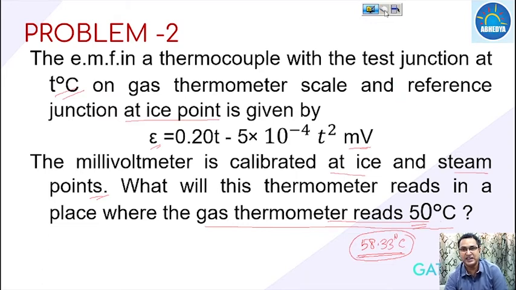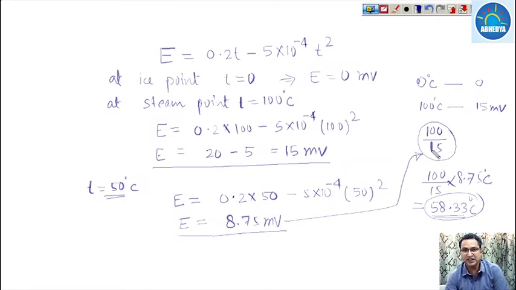I hope you can understand this problem. At 0 degree centigrade, the induced EMF was 0 millivolt. At 100 degree centigrade, it was 15 millivolt. So per millivolt, this is 100 upon 15 degree centigrade. Basically, this is nothing but the slope.